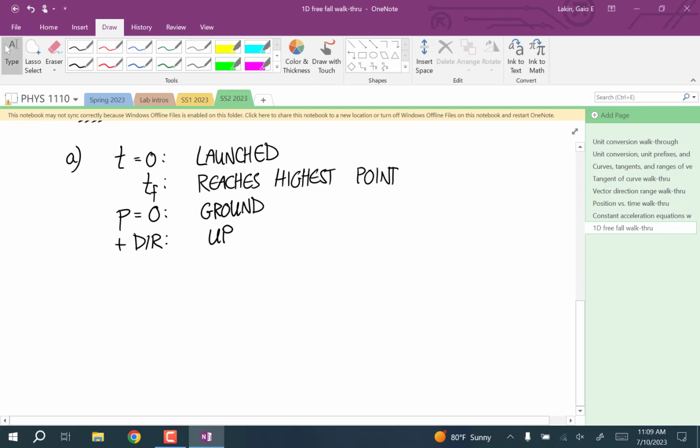Okay, now ask yourself, what's the next step? What do we do next? The next step is we want to fill out what we know and what we want. And I'm going to go through in order. So pause the video now and see if you can fill out this table of the variables you know and the one variable you're looking for in part A.